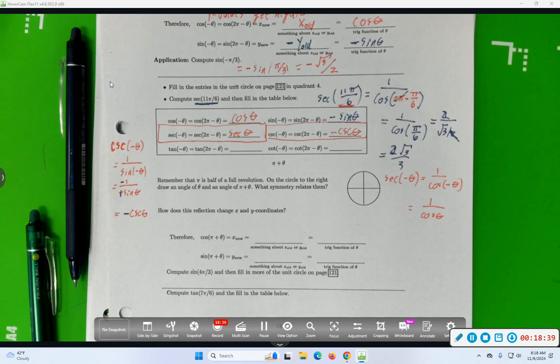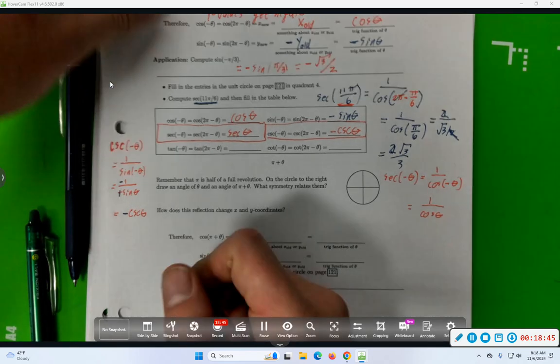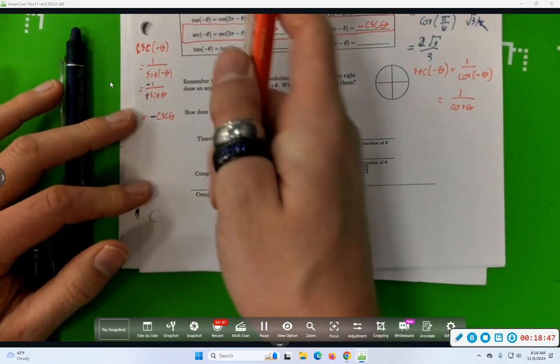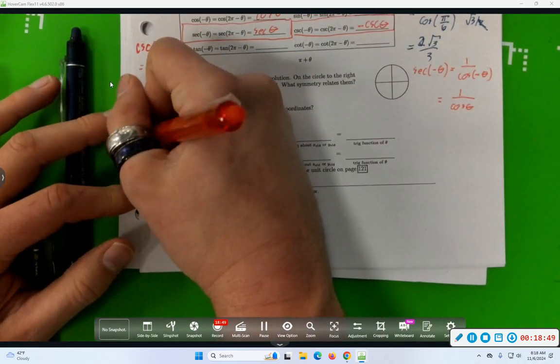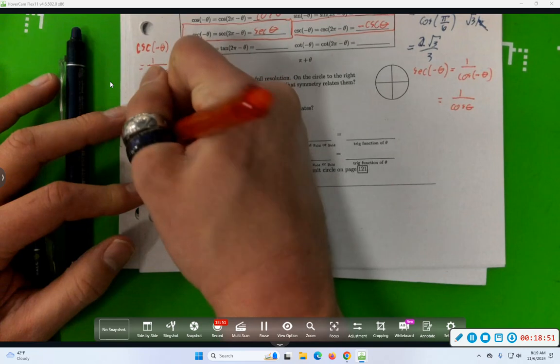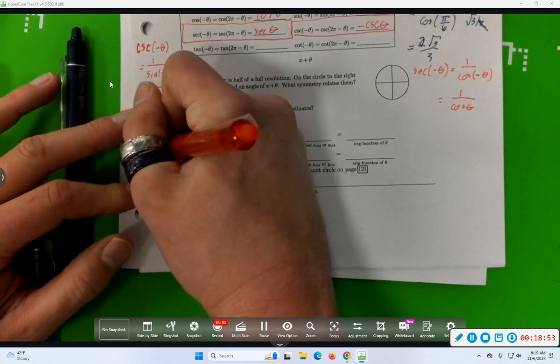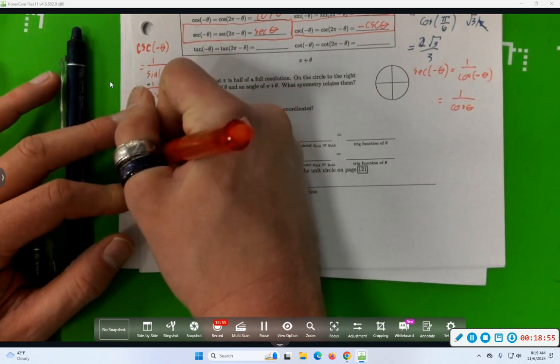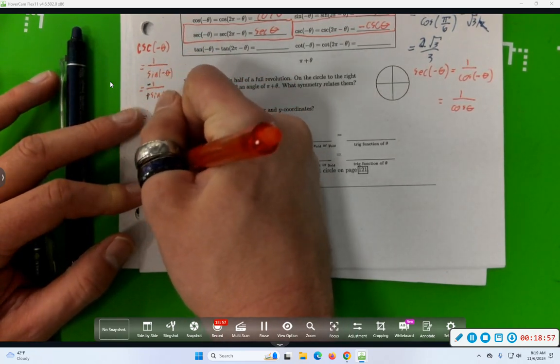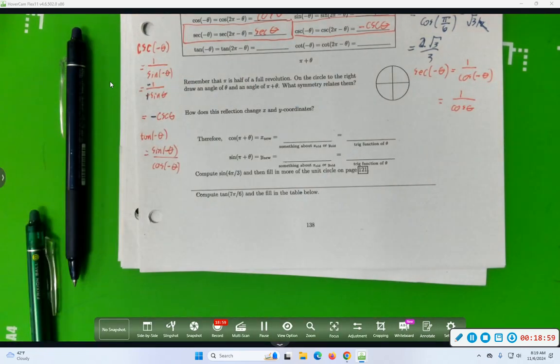All right. And let's do one last one. I think I want tangent, because tangent's the other thing we actually see in the unit circle. So let's just talk through what happens with tangent real quick. Tangent of negative theta. Tangent is sine over cosine, so it's sine of negative theta divided by cosine of negative theta. And now let's think about what I can do with each of those thetas.